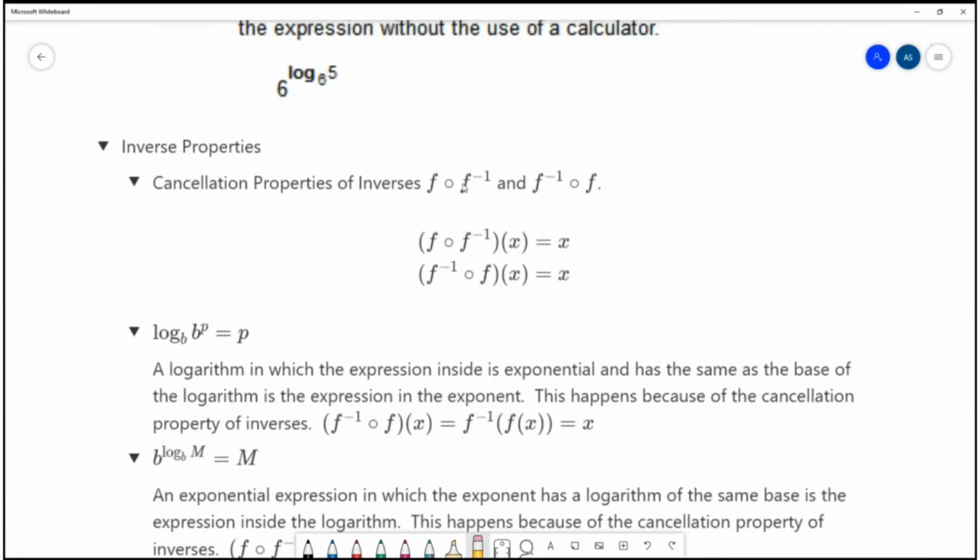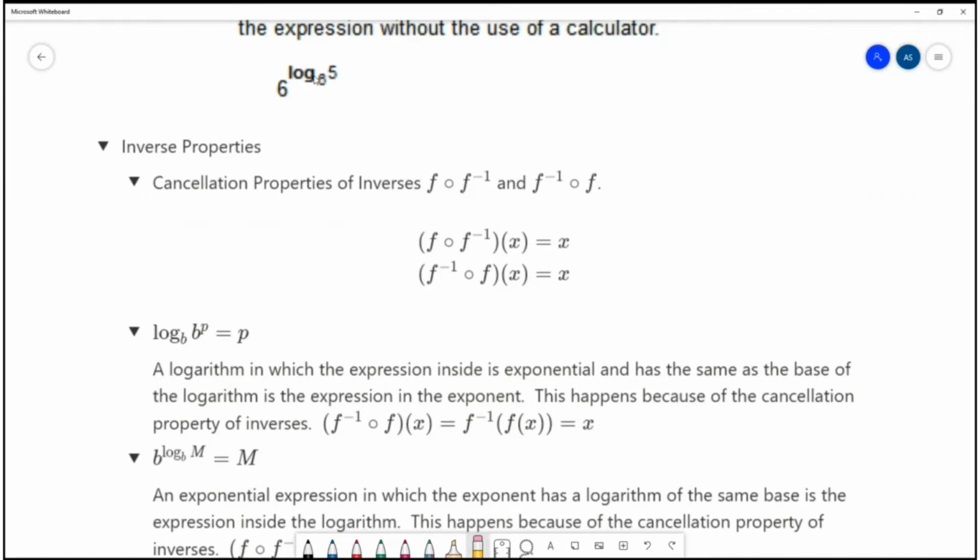And when we have two functions that are inverses of each other, if we compose them, all of the operations cancel out and you get back to the x that you started with. The reason why we're discussing this property is because our expression 6 to the log base 6 of 5 involves a log, and that log is in the exponent.